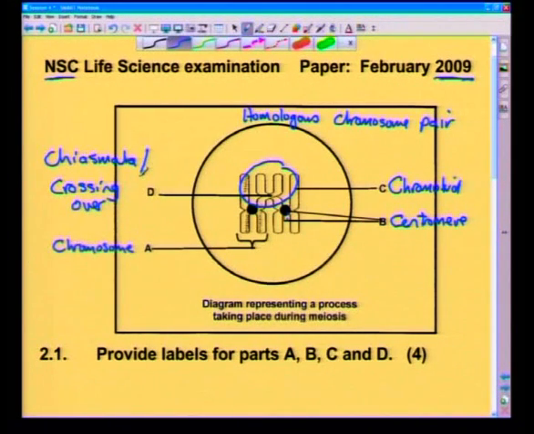And chiasmata is a fancy way of saying crossing over. So if you can't remember chiasmata, crossing over is fine. And what happens in crossing over? We get the genetic information from the maternal chromosome crossing over with the paternal chromosome from the father, and they start to share information.